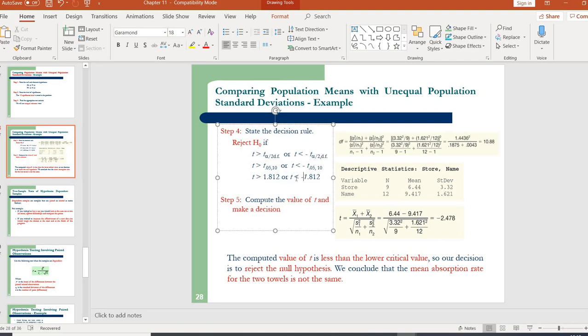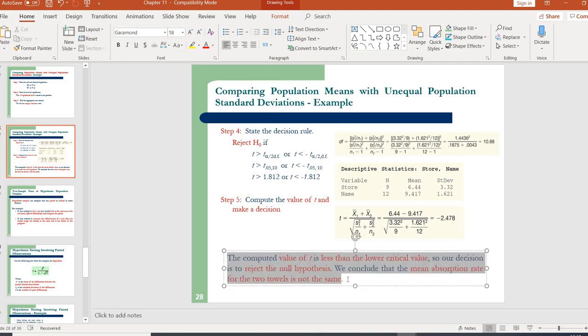But in the left tail, we reject if this statistic is less than minus 1.812, because they are all negative. You can see minus 2.478 is less than minus 1.812, and this is the conclusion we are giving here, that we have rejected the null hypothesis.